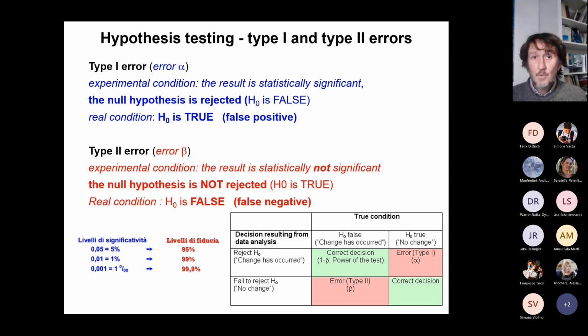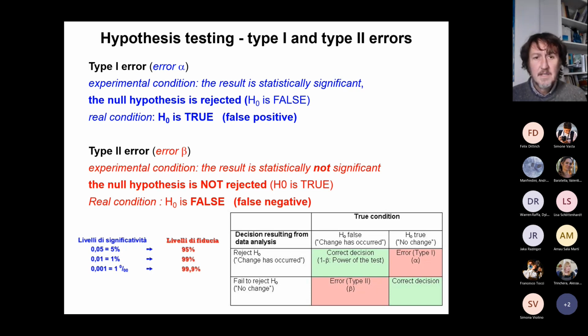Based on this, we have two types of errors. Type 1 error, the alpha error, is when the null hypothesis is rejected, so the null hypothesis fails, but the real condition is that it is true. So this is a false positive.